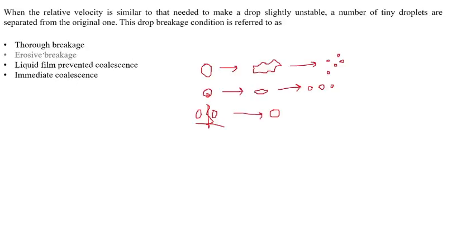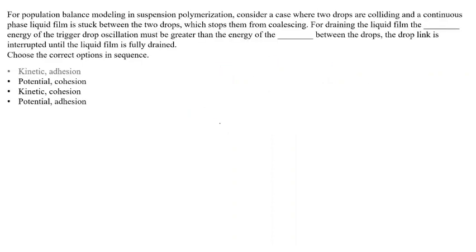So we know that this is a classic case of the coalescence prevented by the continuous flow. We saw in the previous question, liquid film prevented coalescence. There is a small film between the two drops and it is preventing the drops from combining.